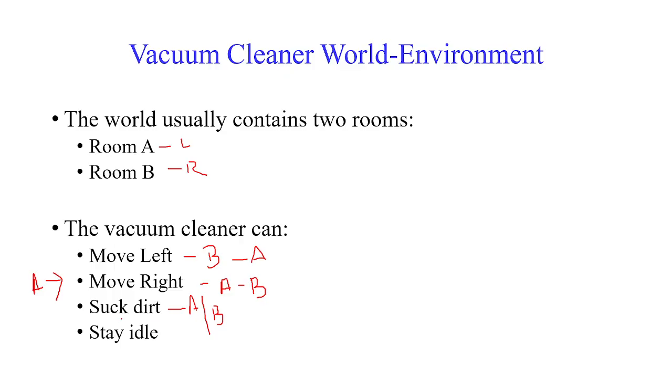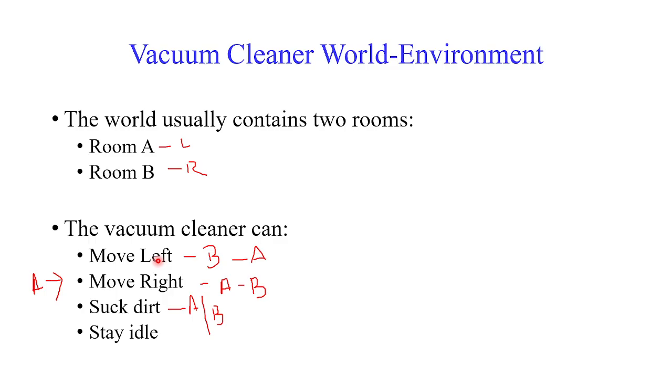Stay idle. The agent does nothing. This action might be taken when there is nothing left to clean, like when the rooms are clean. So these four actions define the complete action space of our agent. Everything the agent can ever do is captured in this list: left, right, suck the dirt, be idle.